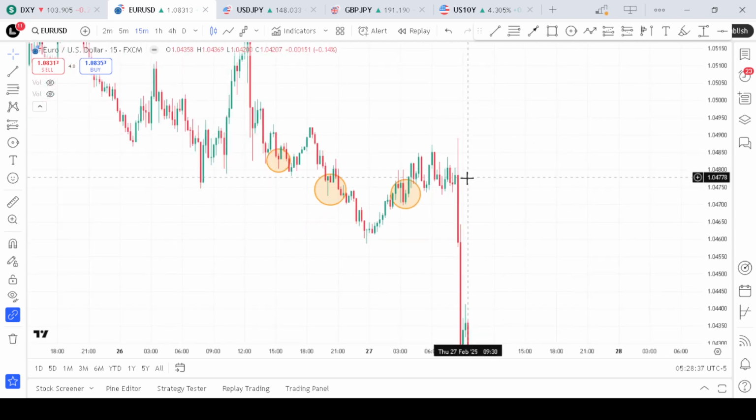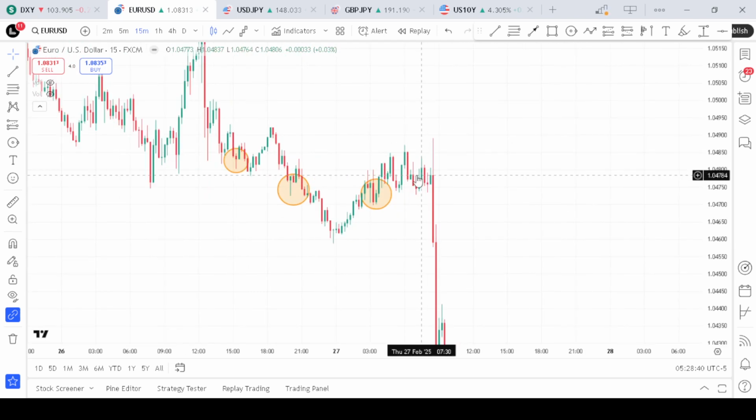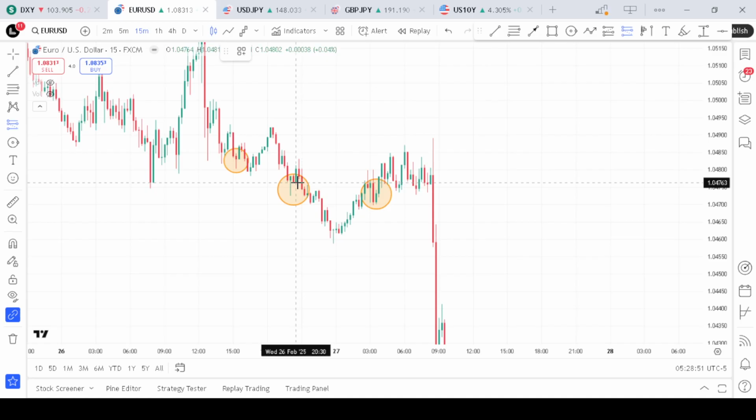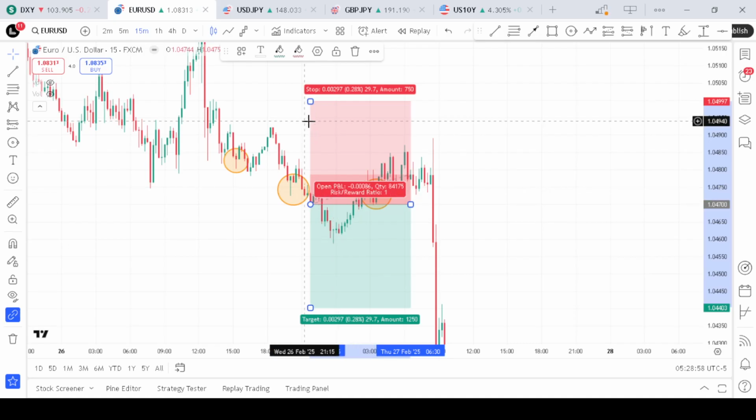First of all, you wait for the Takuri pattern to fully form, then you place your sell order when price moves below the closing price of the Takuri candlestick pattern. You set your entry the moment price moves below the Takuri candlestick pattern at this area. This is where you set your entry.